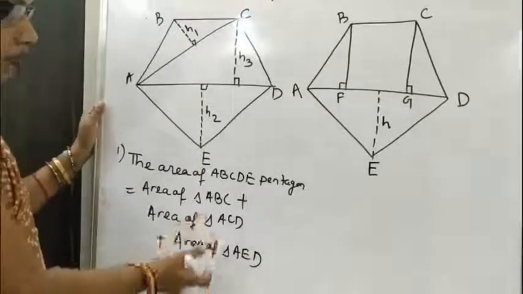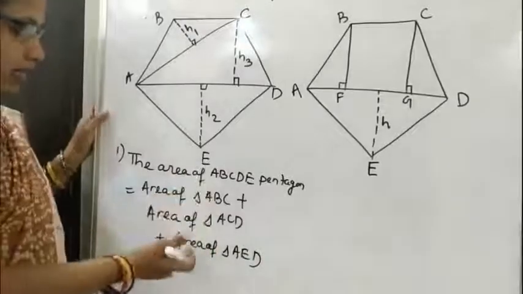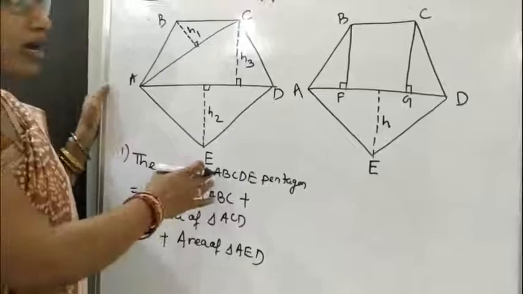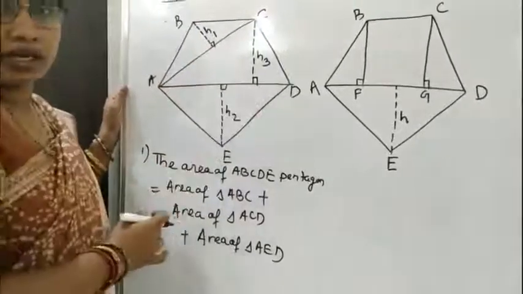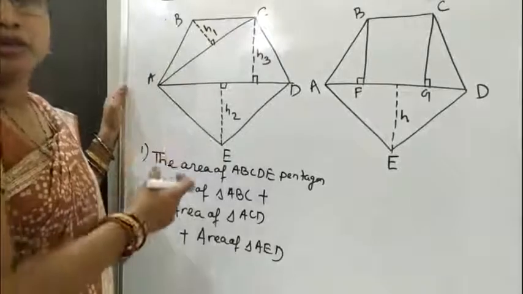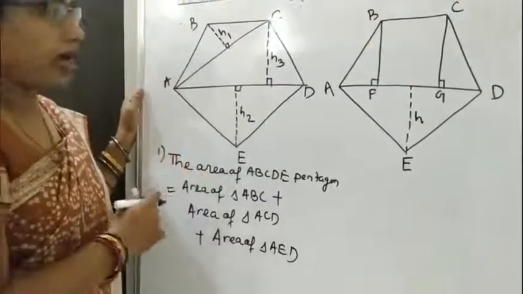So if we add the areas of these three triangles, then we will get the area of polygon ABCDE. We can find the area of the three triangles by using the formula half base into height.